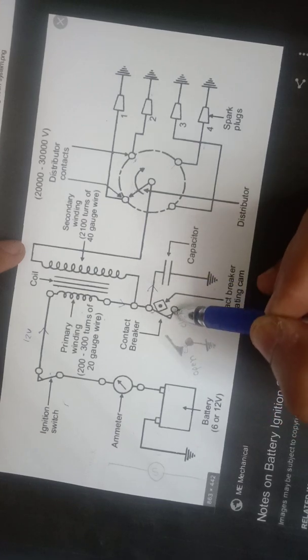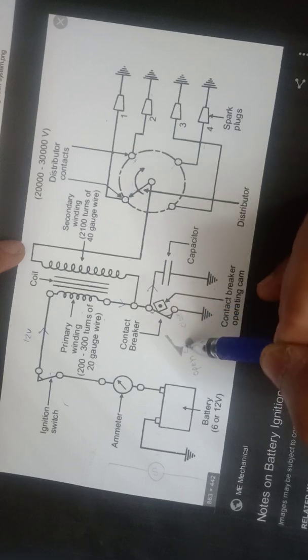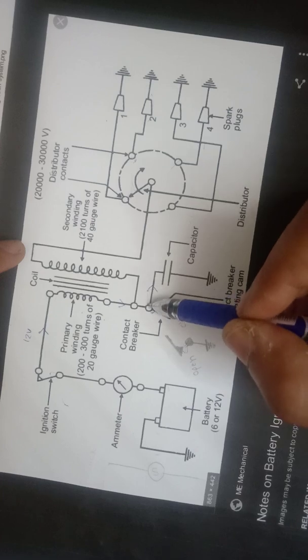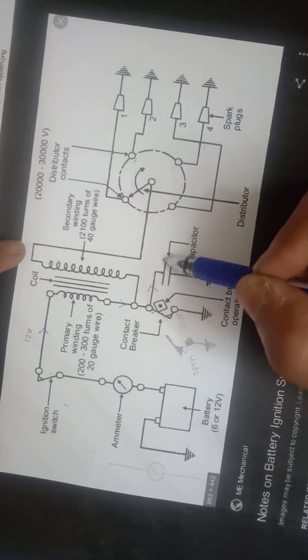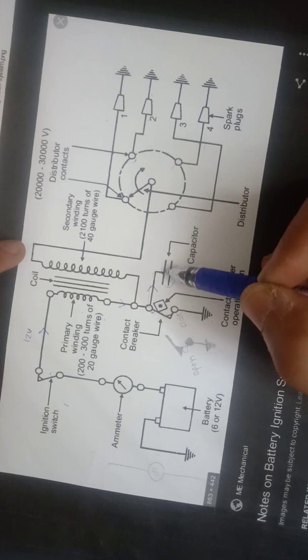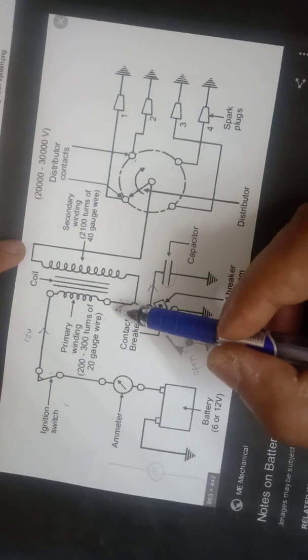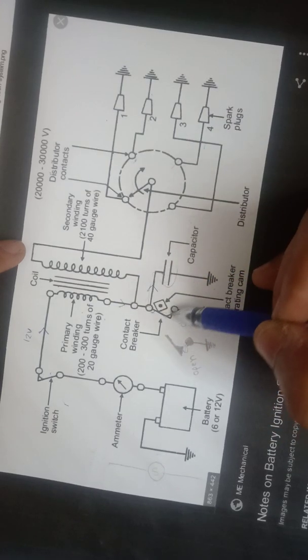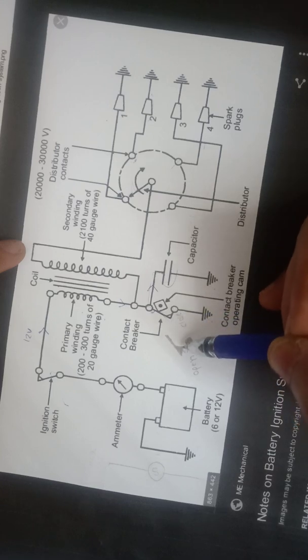Once this contact breaker point opens like this, there is huge resistance offered by the air medium. So instead of passing through here, current will pass through the capacitor and all the charge is stored in the capacitor. It will not pass through this contact breaker point, and the sparking which forms carbon will not occur here.